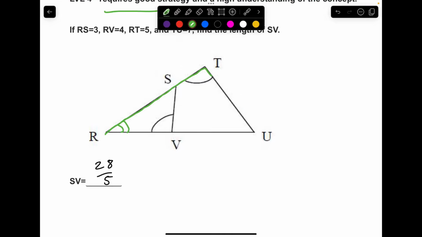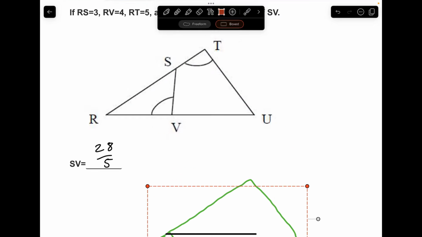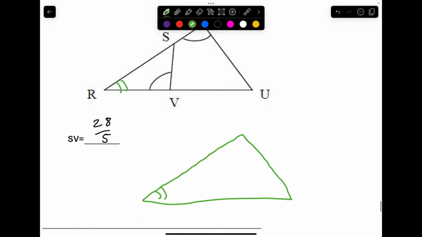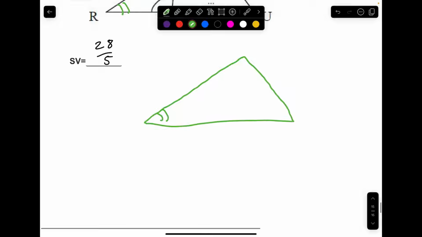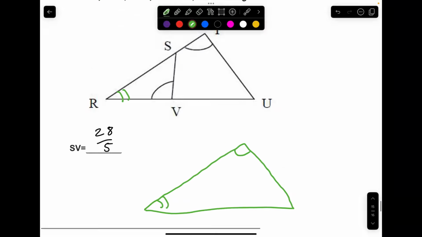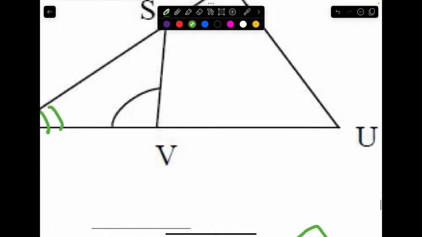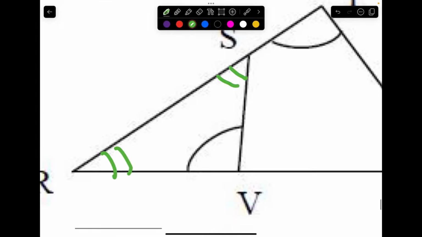I recommend tracing or using the big triangle as your guide. The big triangle has a 2-arc bottom left and a 1-arc at the top. I'm going to put a 3-arc in the third corner. The small triangle would have a 3-arc here.